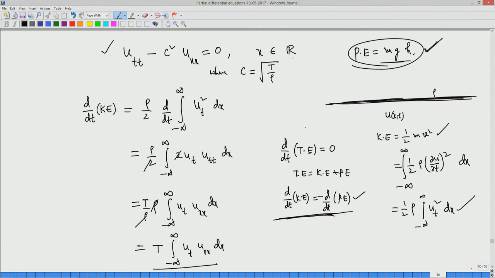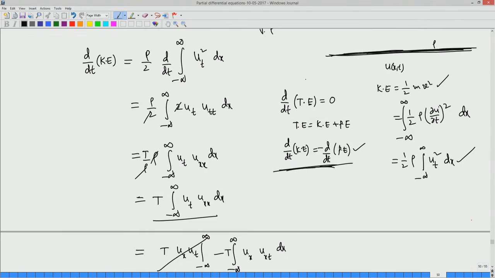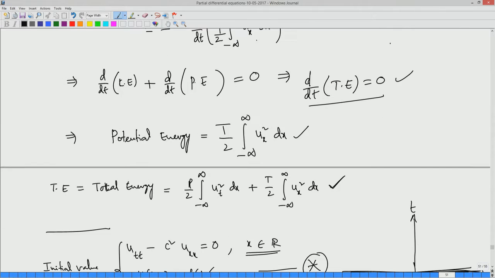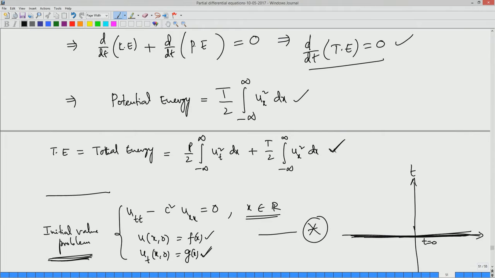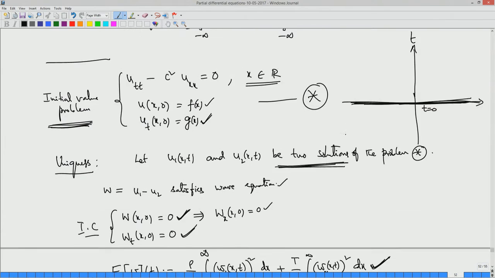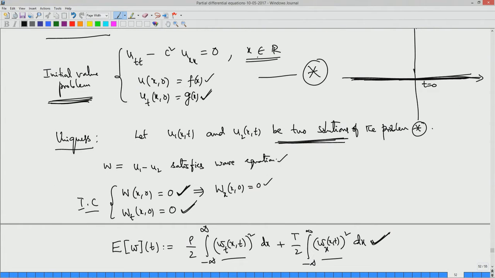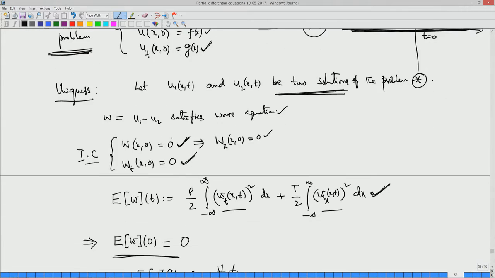If your wave equation is on a semi-infinite domain, that is x belongs to 0 to infinity, in that case the energy is the same. So, the total energy is the same expression, and in the initial value problem you have to change only one thing: x belongs to R you have to replace with 0 to infinity, and you give the boundary condition, okay. So, what is the change in the boundary condition?